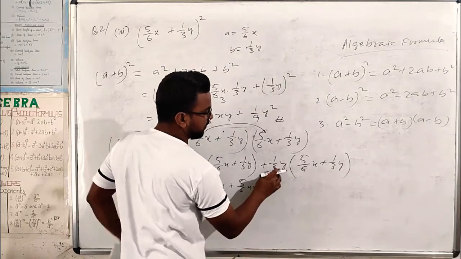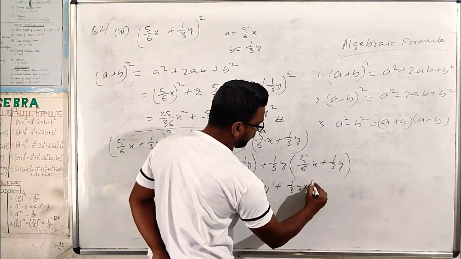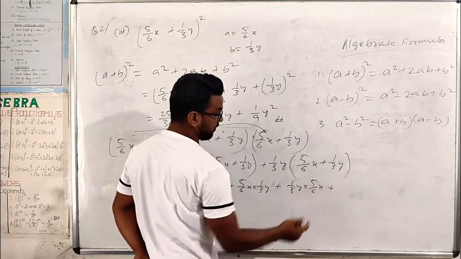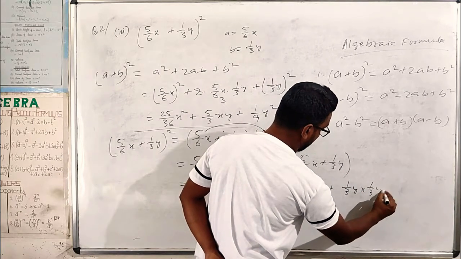Okay, similarly we'll multiply this one, 1 by 3y into 5 by 6x plus, if you multiply with this one it will be 1 by 3y into 1 by 3y.